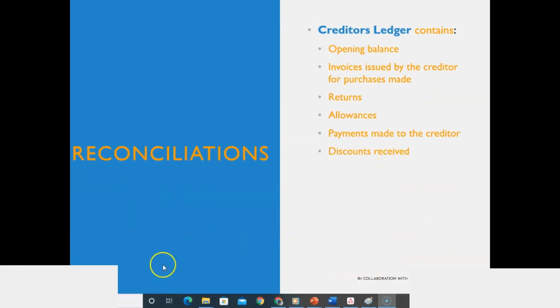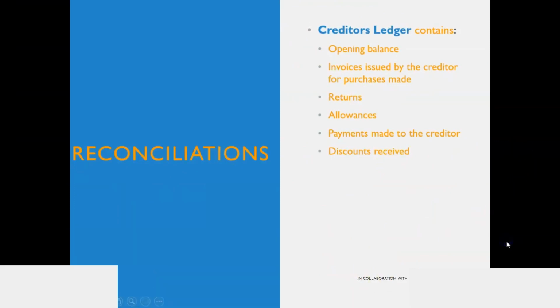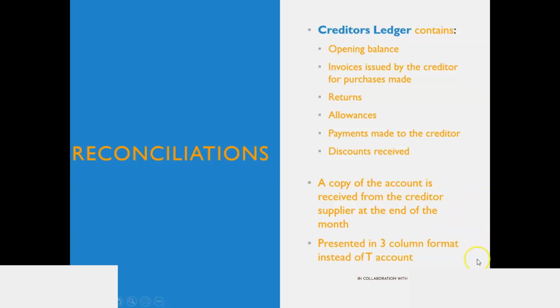Okay, let's move on to the next section of things. Here we have a copy of the account received from the creditor supplier at the end of the month. A very important thing to note is that a creditor's ledger is usually presented in a 3-column format instead of a T account.